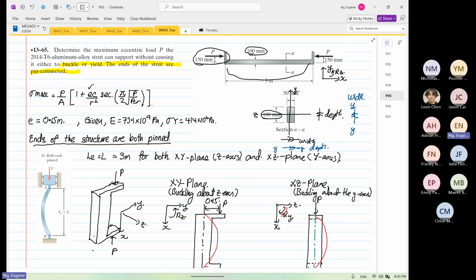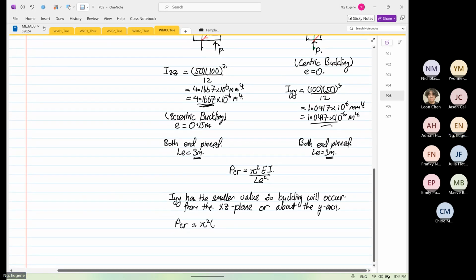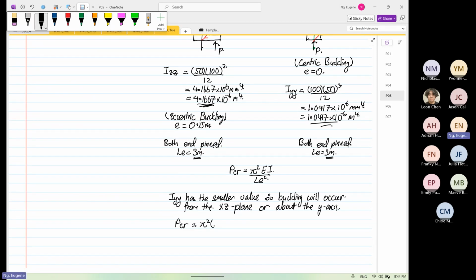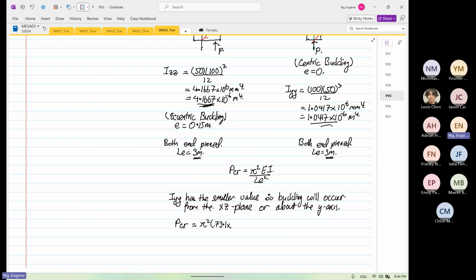Now, this can be from the material handbook or from anywhere. But in the exam or test time, I'll give you all these values. I don't know how to look for them in the material handbook. So over here, we can immediately write down that this is pi squared E, times 73.1 times 10 to the power of 9.